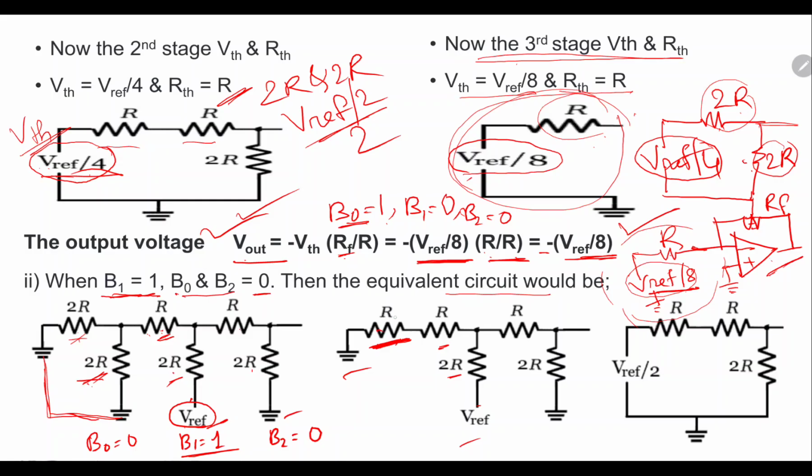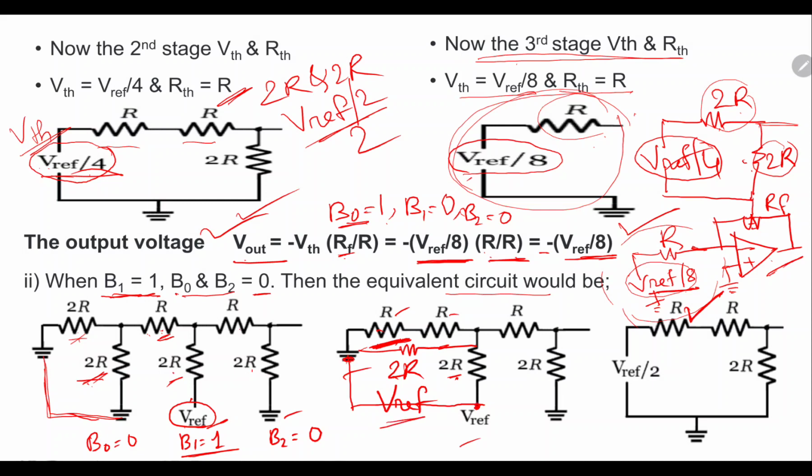Now combining this R and this R, the total resistance is 2R. So 2R again in parallel, so the equivalent resistance will be R. And this V reference is applied, and this terminal is grounded, so I can say the V reference is applied between this terminal and this terminal.